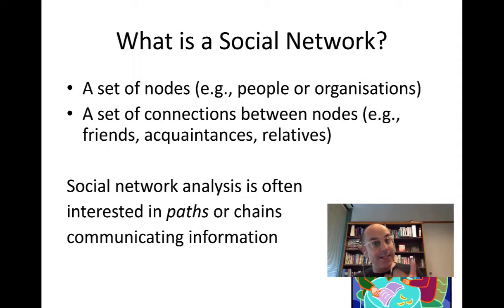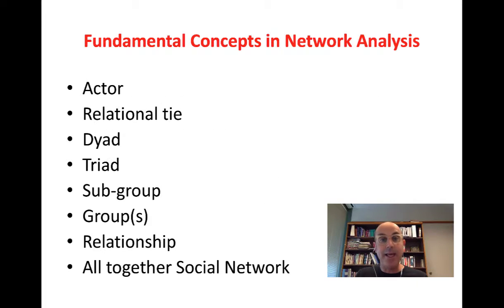So again, this is a social network application or theory, and in this ideal we have the fundamental concepts of the analysis. We have the actors, we have the relational tie, we have the dyad, we have the triad, we have subgroups, we have groups, we have relationships, all together composing the social network.